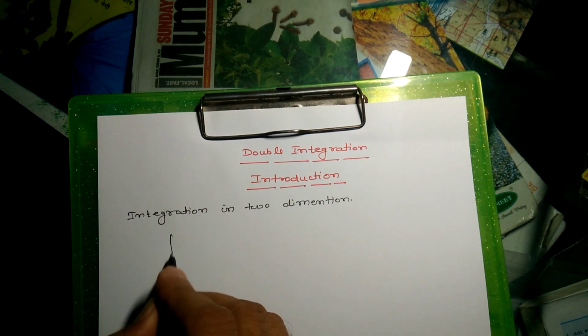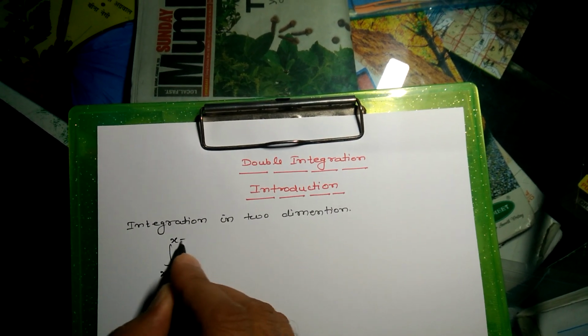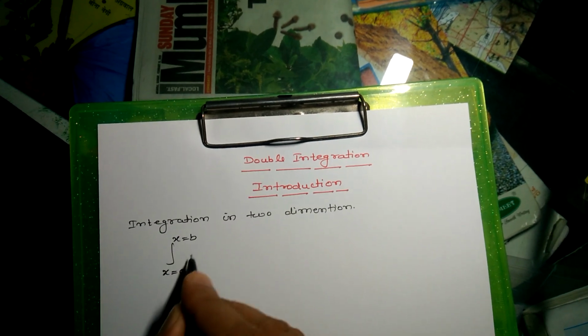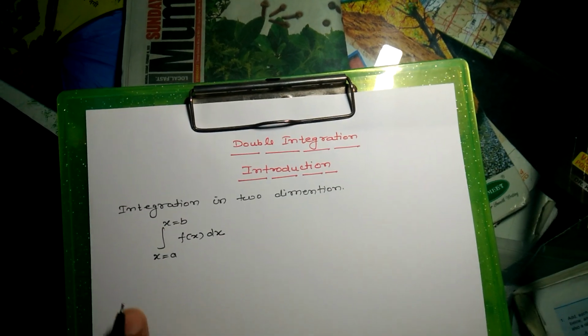If you look at the definite integral, what you all might have seen, x is equal to a to x is equal to b, f(x), if I am integrating, what exactly do I get by doing this integration?